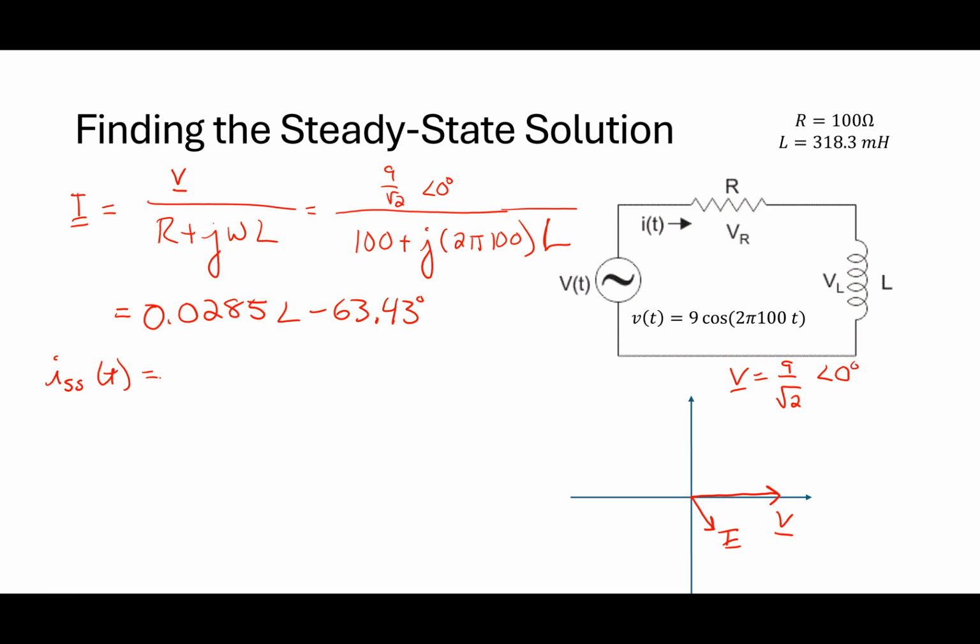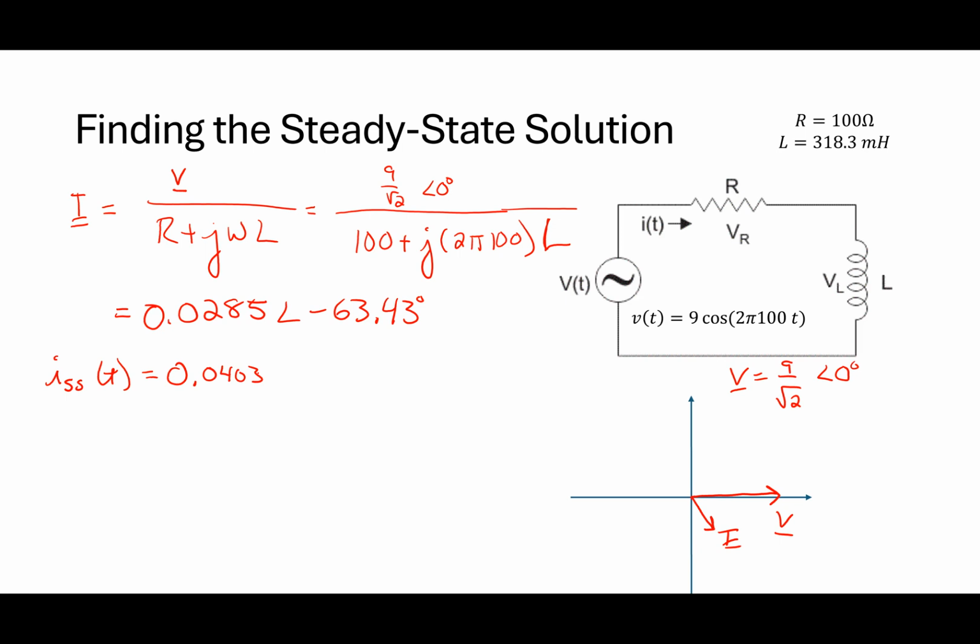So what's the magnitude in this case? 0.0285, and that's RMS. We said our phasors are all going to be RMS, but if I'm writing the time domain waveform, the peak value has to be what's in front because it's the amplitude. So the peak value works out to be 0.0403. How did I get that from 0.0285?